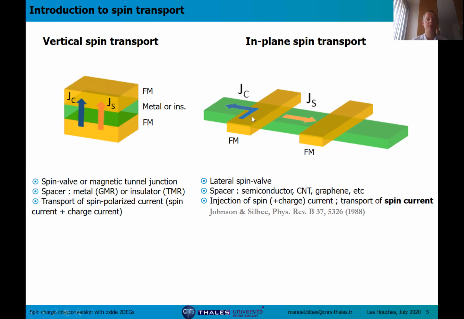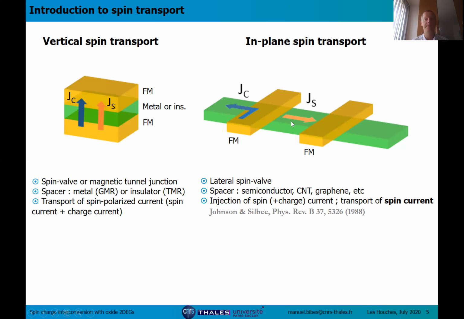And here you're going to deposit transverse ferromagnetic contacts. And here you are going to apply a current, to run a current between the end of the channel and one of the ferromagnets. So here you are going to inject the charge current and also a spin current, but the spin current will also diffuse sideways in the channel. And here you will only have pure spin currents, okay?